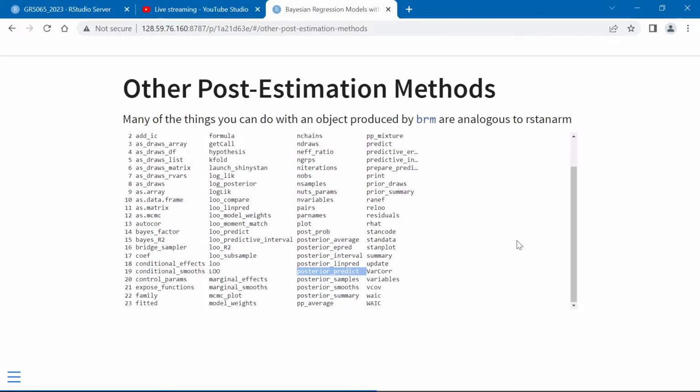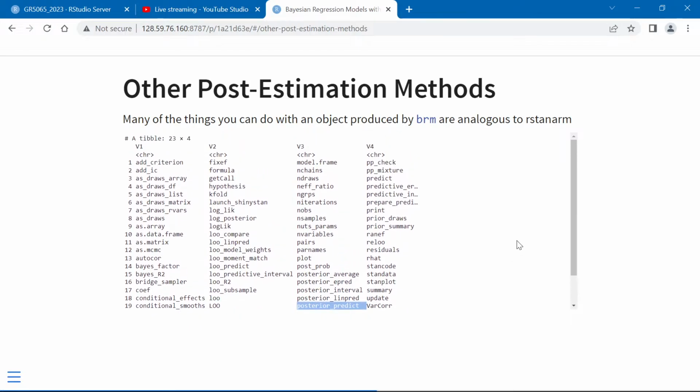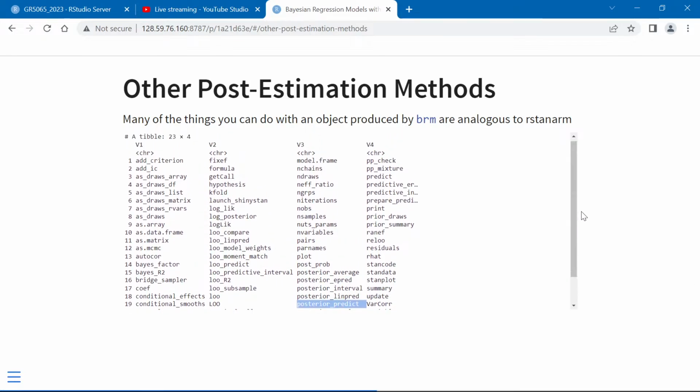Anyway, there are like 90 different things that you can do with an object produced by brms, and those are often very similar to what you could do with objects produced by rstanarm. All these functions are just defined for the S3 class brmsfit, this glorified matrix of draws, but it contains a lot of meta information about the model that allows these functions that you call afterwards to do their thing, because they can query this for, like, what's the model?